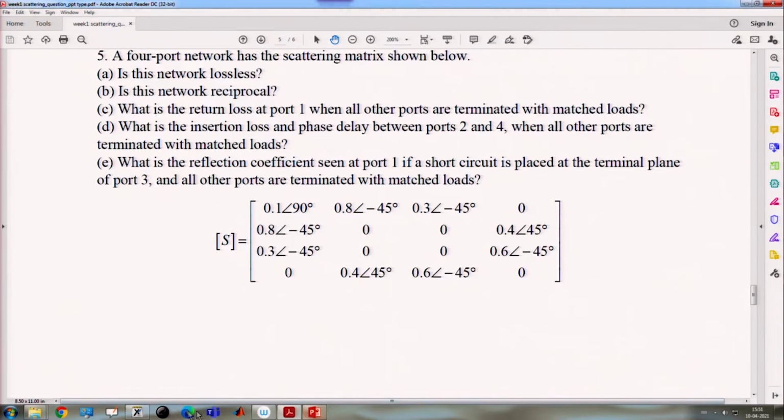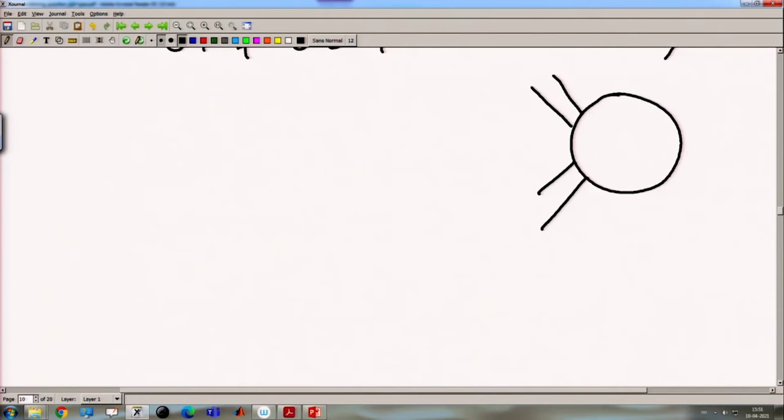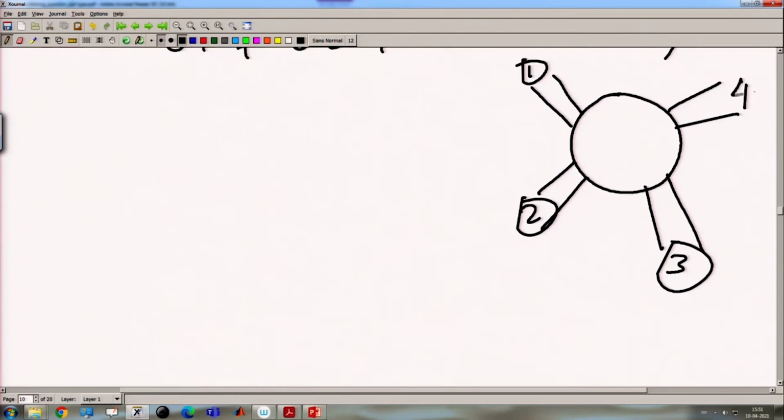So, first we have to see how 4-port networks look. For the 4-port network we can draw a system with port 1, port 2, port 3, port 4. At port 1 there is incoming wave V1 plus and reflected wave from port 1, V1 minus.